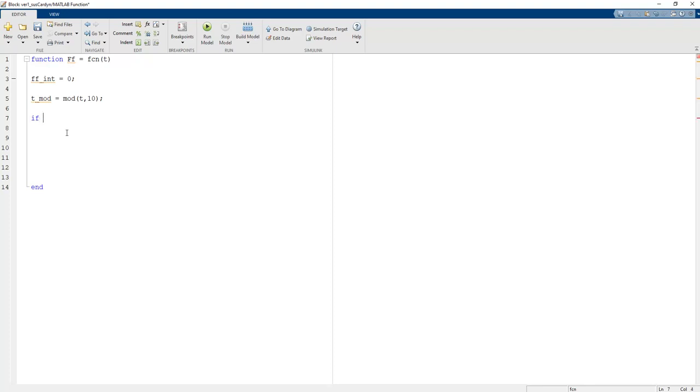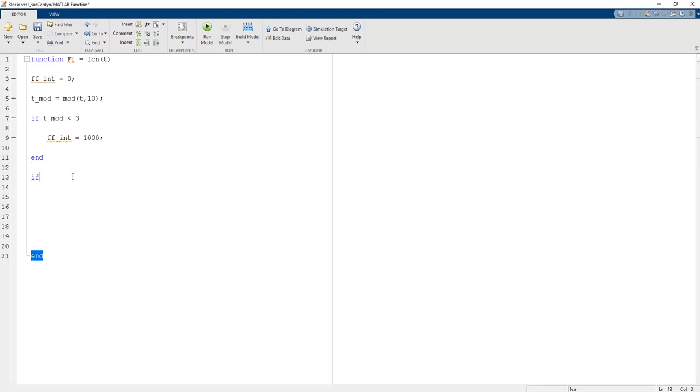If t mode is smaller than 3, then ff int is assigned 1000 Newtons. So for the first 3 seconds this code creates a 1000 Newton forward force, and the car is accelerating in this position.